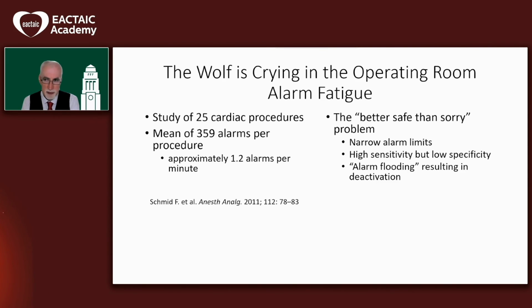So most of our anaesthetic monitors come with preset narrow alarm limits, which give a high sensitivity for detecting deviations from a preset norm, but a high false positive rate and a low specificity.